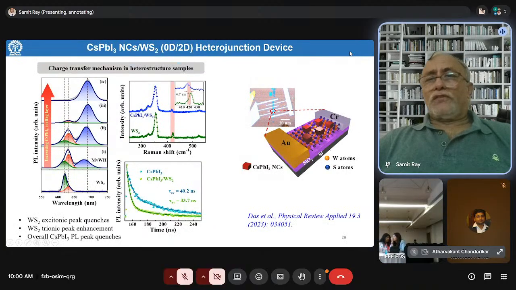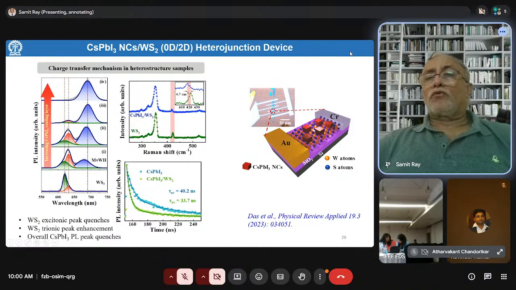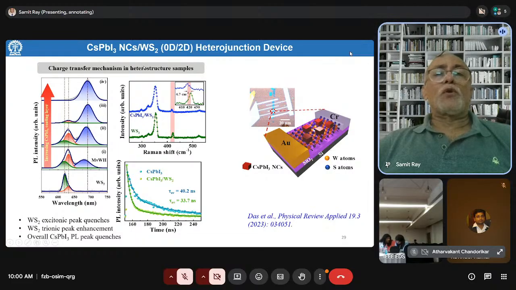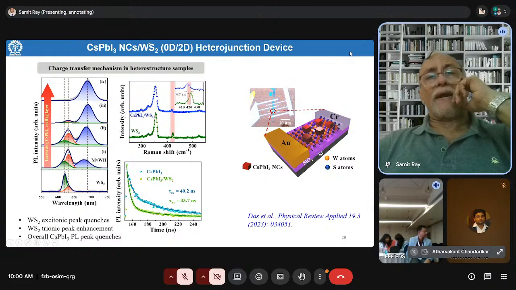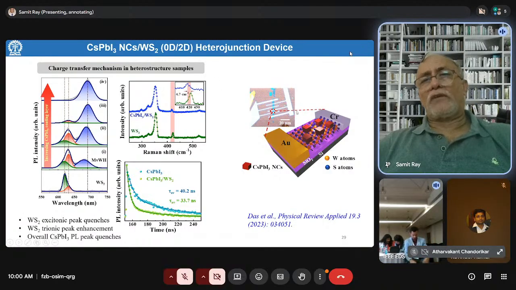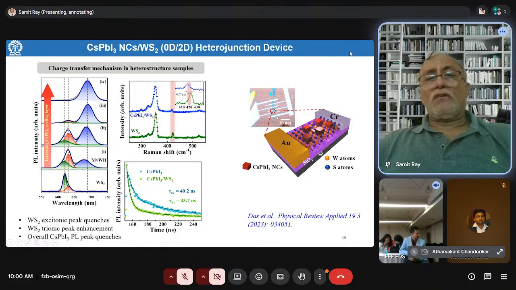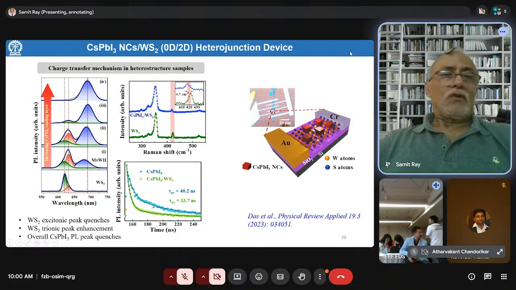Okay, so this is the device structure on the right side. As you can see, nanocrystals are coated on a 2D material; here we use WS2. WS2 is a mechanically exfoliated single monolayer structure. As you see here, the photograph and the electron beam diffraction pattern of this structure make this heterostructure.